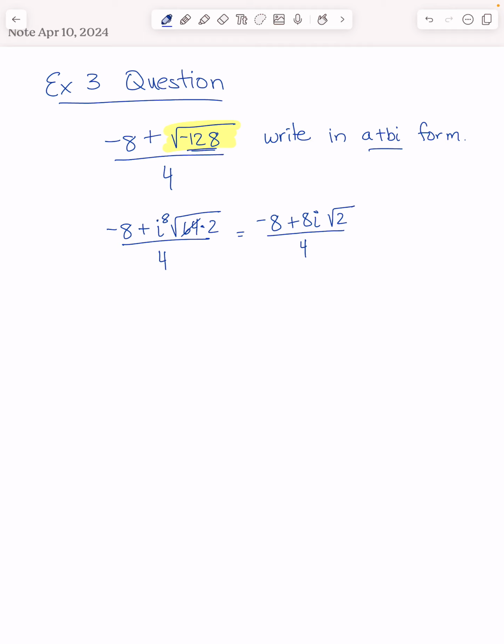Now the next part of it, you have written negative 2, which I assume is from dividing those two. Negative 2 plus 8i radical 2, all over 4, which is good because you do have to split it apart, right?